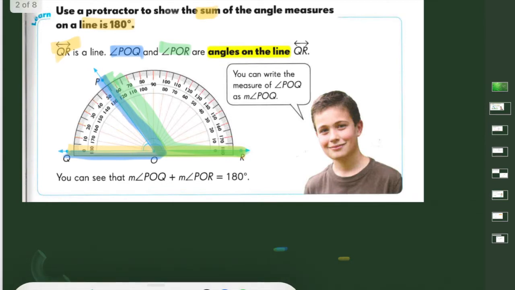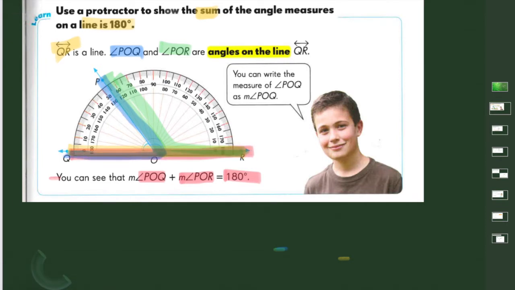So we can say that the measure of angle POQ and the measure of angle POR is 180 degrees because we know that that straight line is 180 degrees. So you may have noticed the little M in front of the angle name. That stands for the measure of. So we know that the measure of angle POQ added to the measure of angle POR totals 180.